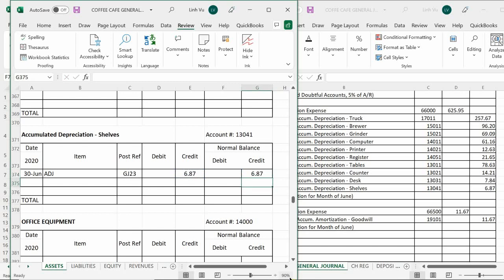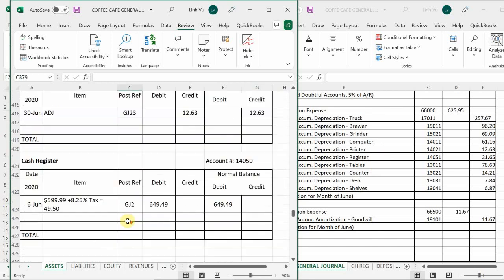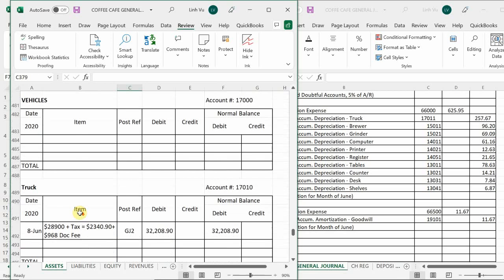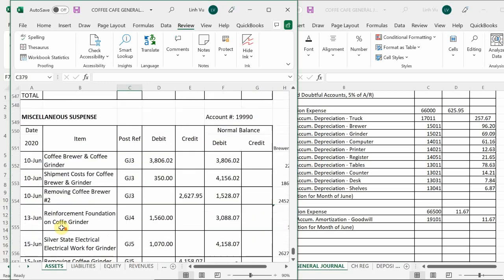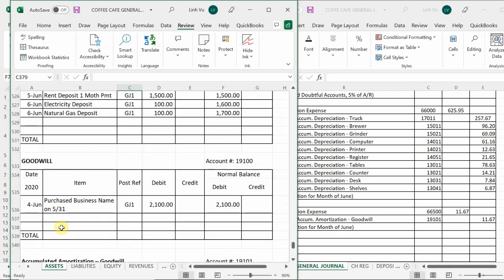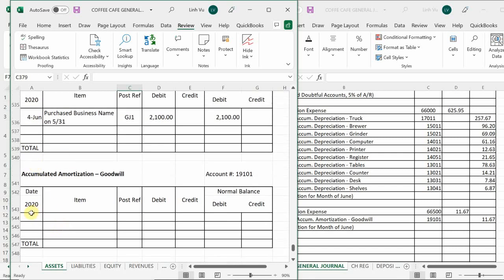Okay. Now we need to do the amortization expense. I'm going to go ahead and just do the accumulated amortization here since we're already on the assets. So under goodwill, you have your amortization for goodwill. For $11.67.